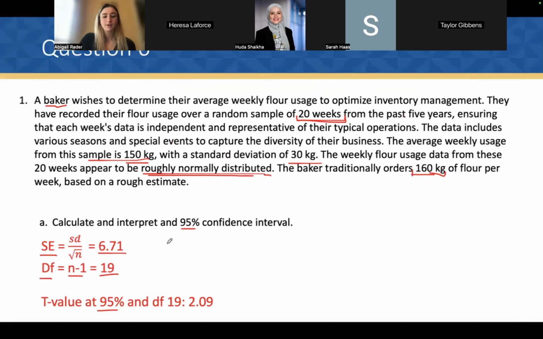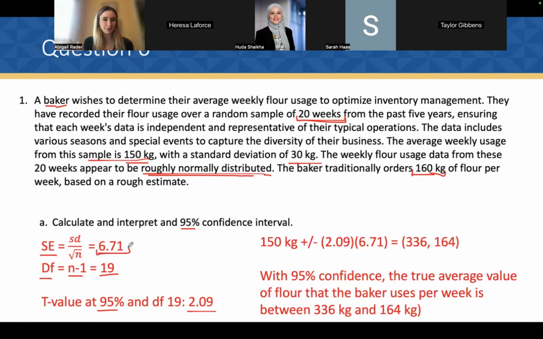Okay. So now that we have our critical value, it's just the mean plus or minus this critical value times our standard error. Pretty straightforward. For our interpretation, I would literally just copy this language on your cheat sheet. It's going to be the same every time.